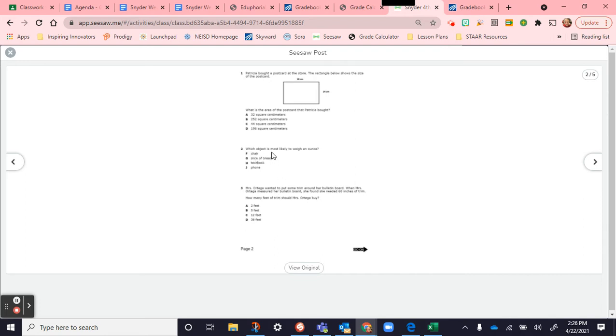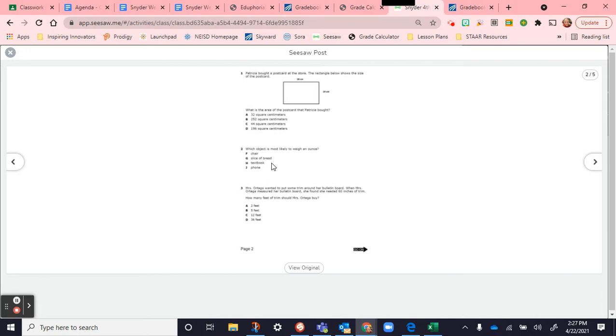These ones, like which object is most likely to weigh an ounce, that's just going by knowing whether an ounce is a big or a small unit, and so therefore I know it's closely matched up with that. You just need to think back to what we did when we first started talking about all the different units in your book.